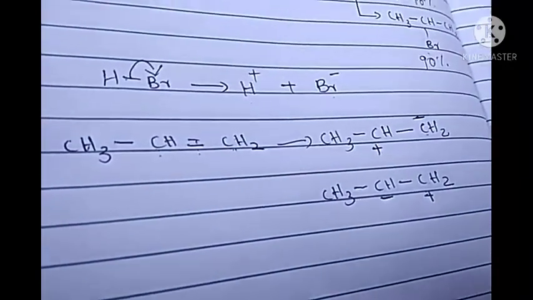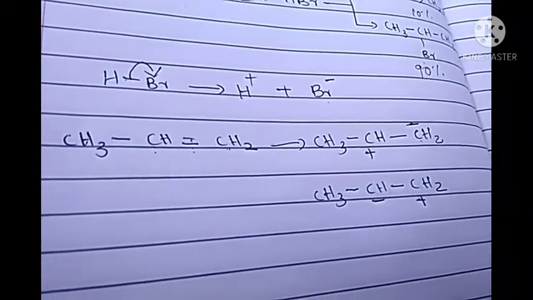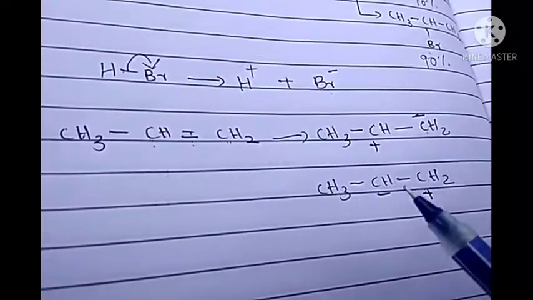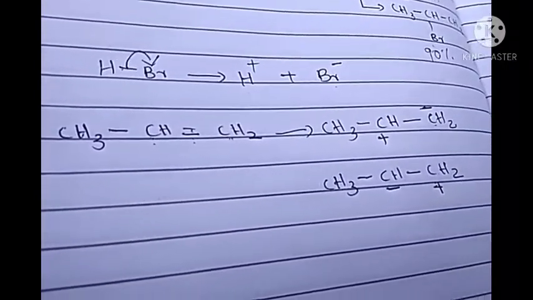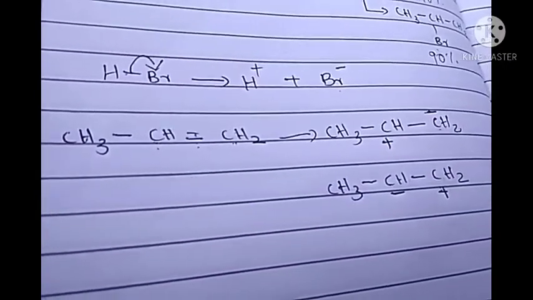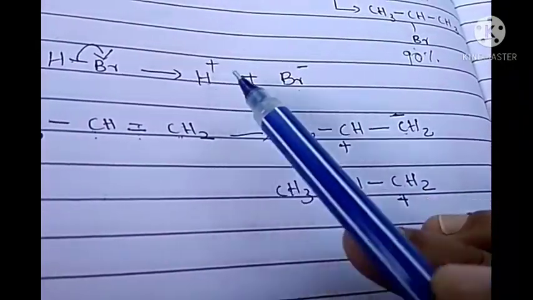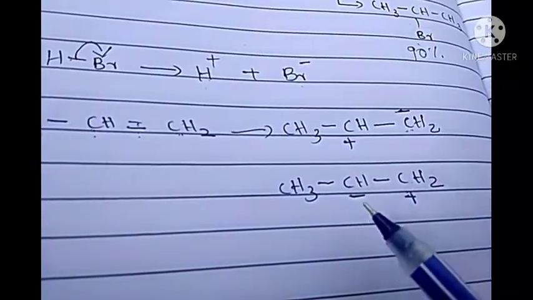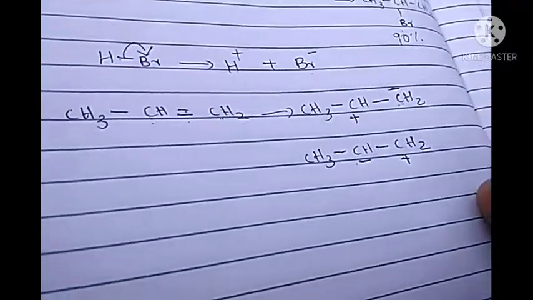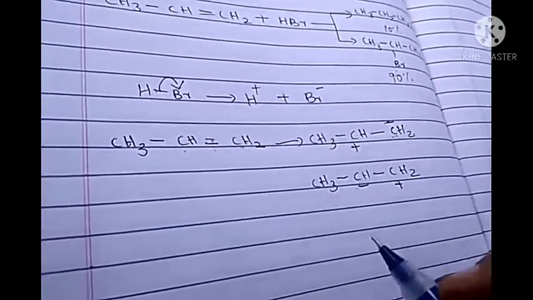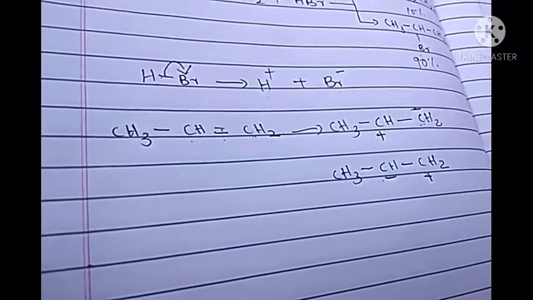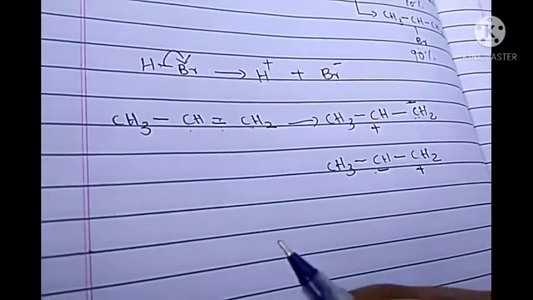So there are two possibilities for the movement of electrons, and as a result we get two types of intermediates. Now this electrophile H+ attacks these negatively charged carbon atoms, and as a result we again get two intermediates which carry a positive charge on the other carbon atom, and we can represent them like this.